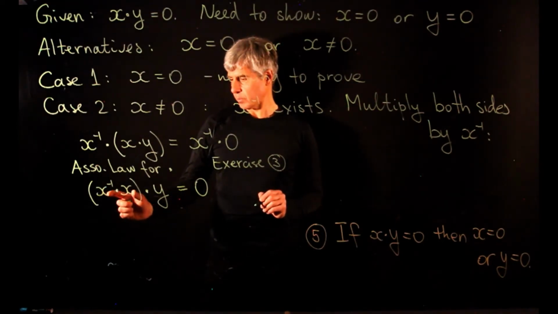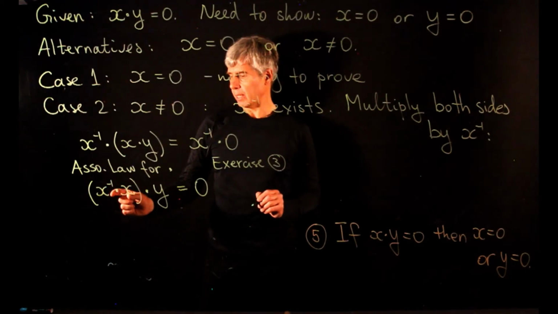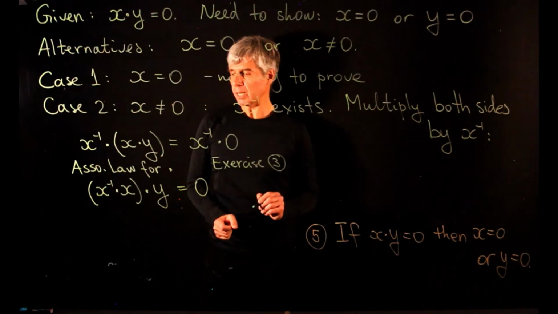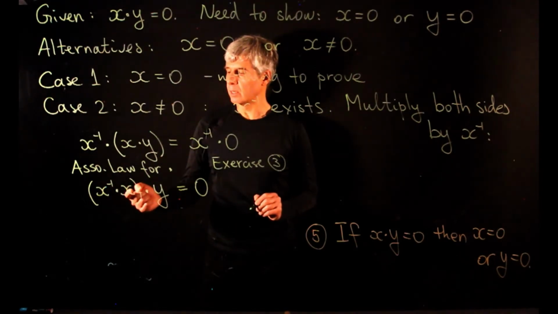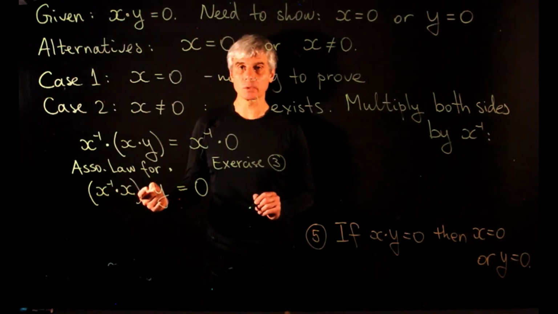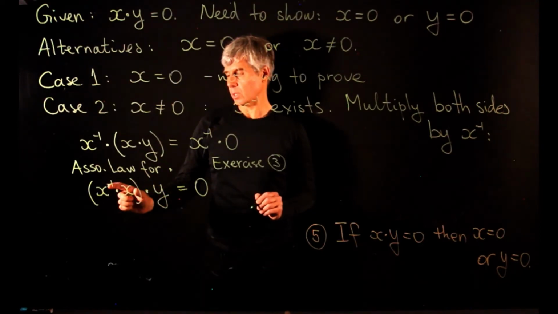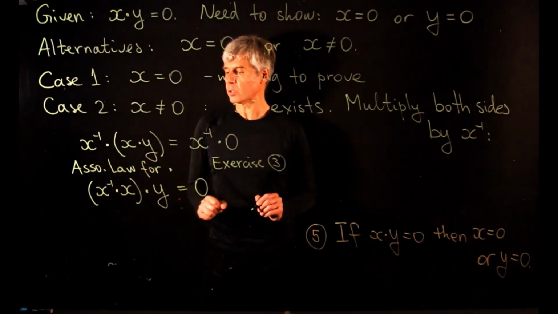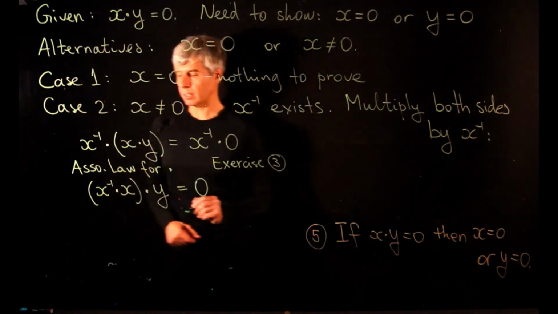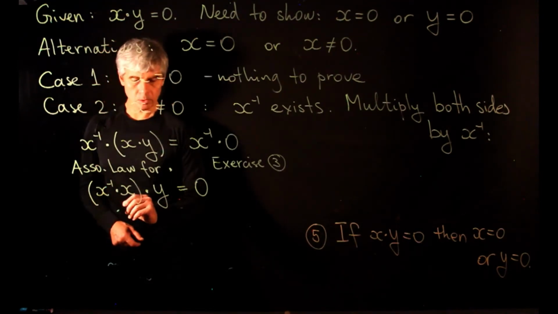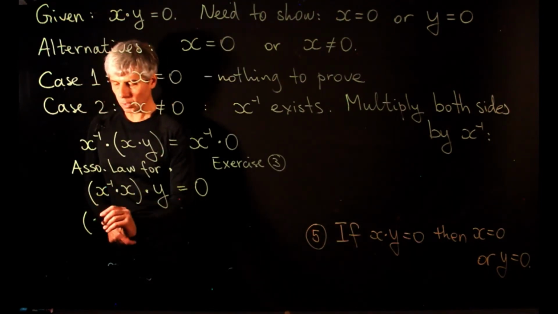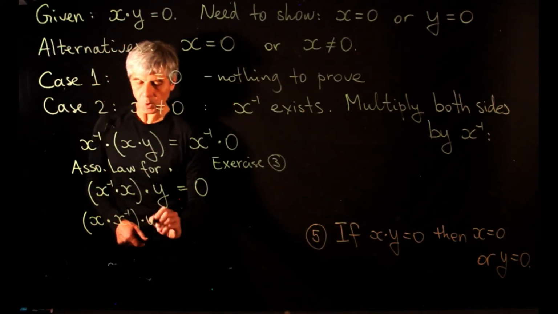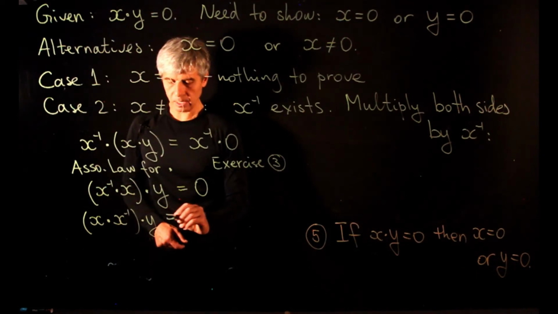So next, well, we would like to cancel x and x inverse. But the way our axiom is stated, we know that x times x inverse is equal to 1. And so to bring it to the form that is stated in the axiom, we have to first use the commutative law. So then applying the commutative law, we get that x times x inverse times y is equal to 0.